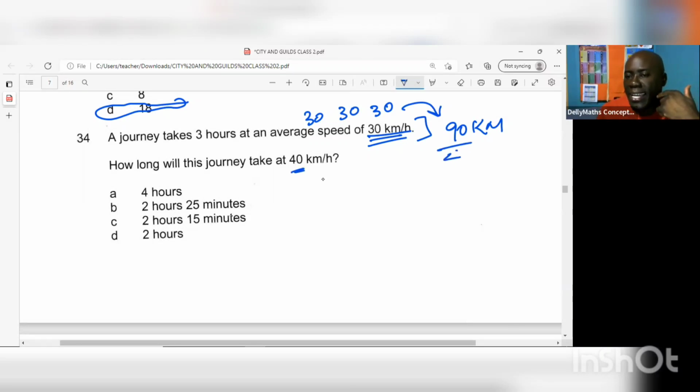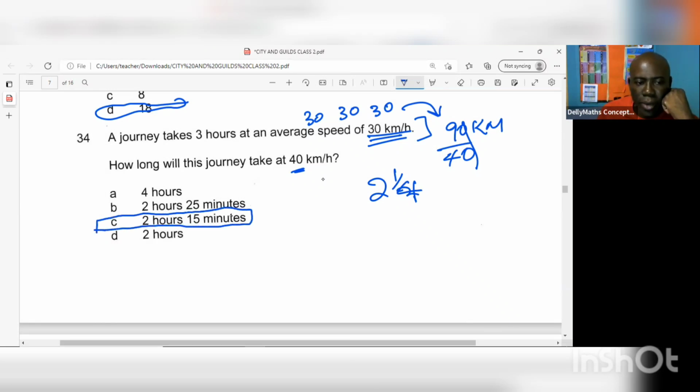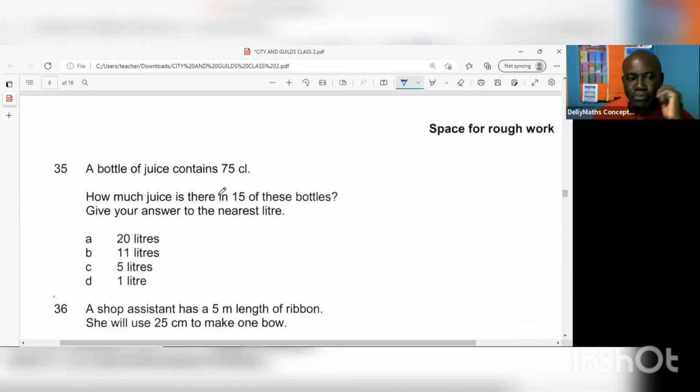If we have 90 kilometers, we're going to divide that by 40 kilometers for every hour. That's 9 over 4, which is 2 1/4. So 1/4 of an hour is actually 15 minutes. So we're dealing with 2 hours and 15 minutes.